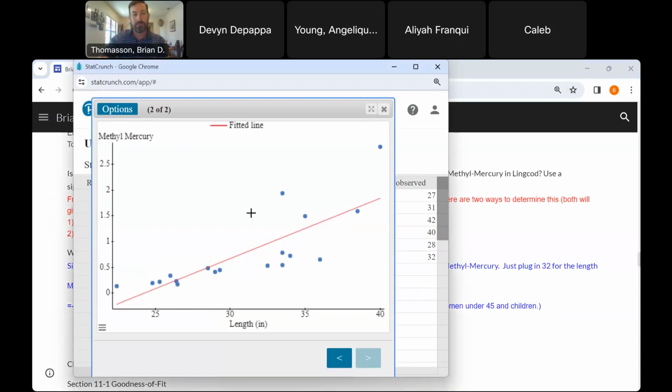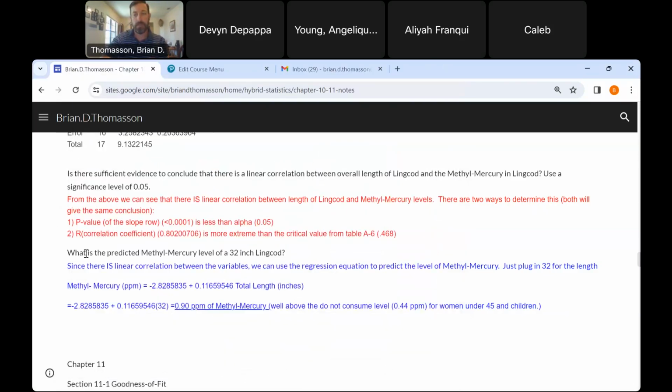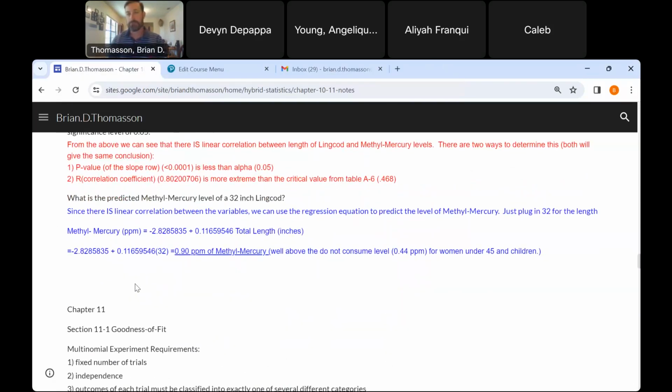The cutoff for methylmercury for women and children is around 0.44, so the cutoff is roughly here. Only the small fish have lower methylmercury than that. Even medium-sized fish have more methylmercury, and the large fish have way more methylmercury than that. It's off the chart. So that's something we learned from this. All right, any questions on that?